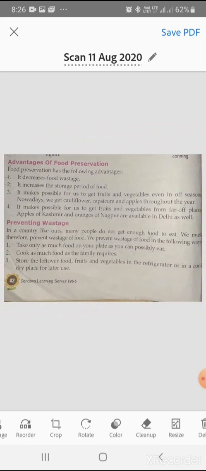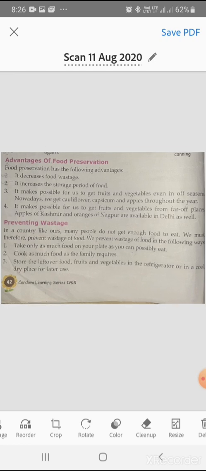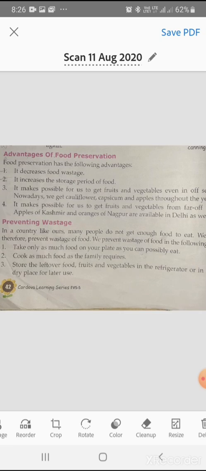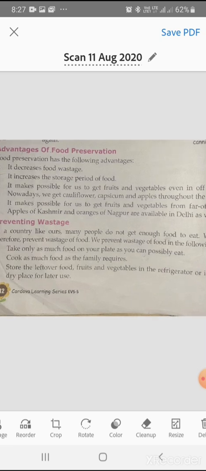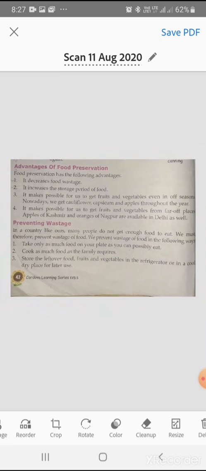Nowadays, we get cauliflower, capsicums and apples throughout the year. Number 4, it makes it possible for us to get fruit and vegetables from far off places. Apples of Kashmir and oranges of Nagpur are available in Delhi as well.